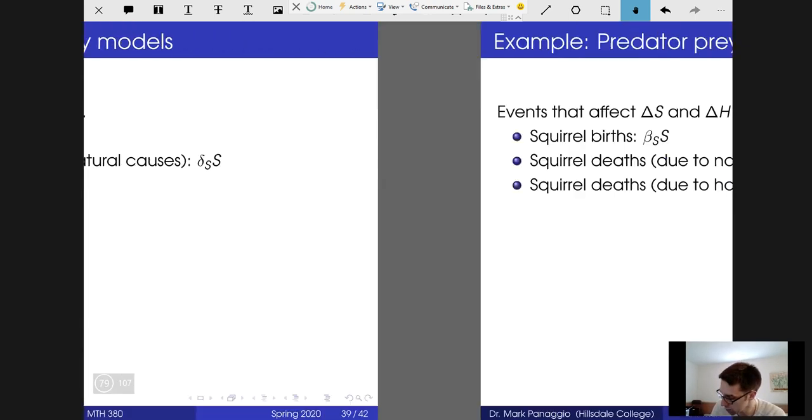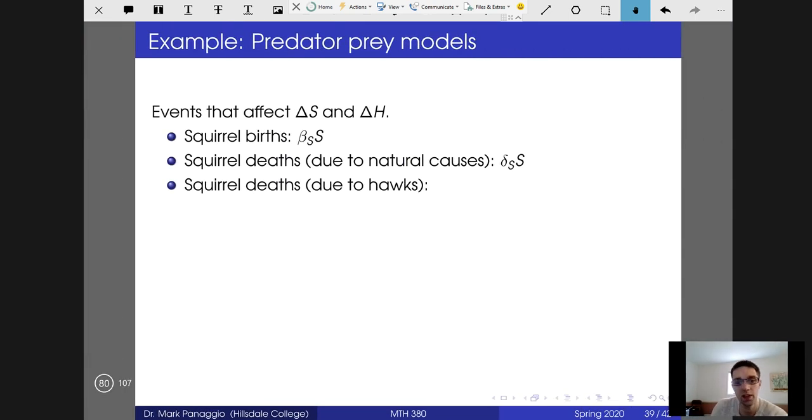But when it comes to deaths due to predation, this is going to be a little more complicated because there are multiple factors that affect this. First of all, the more squirrels you have, the more deaths you'd expect to have due to predation, right? Lots of squirrels means lots of squirrels that could be caught by the hawks. On the other hand, the number of hawks should also matter, right?